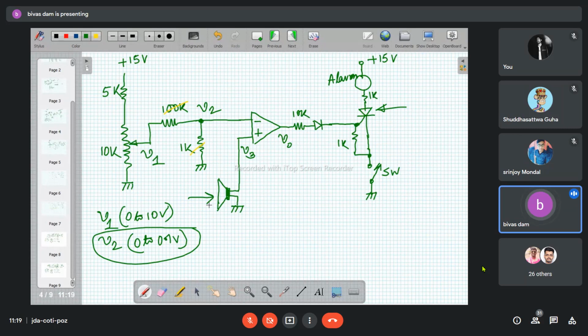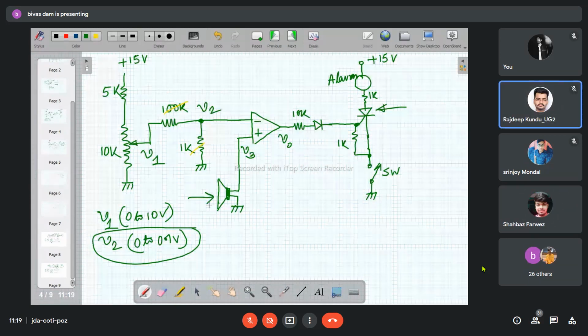Let me start again. Initially let me open the switch. So that means I am forcing the SCR to be in the off condition. So can the alarm start giving indication? No, sir. Fine.